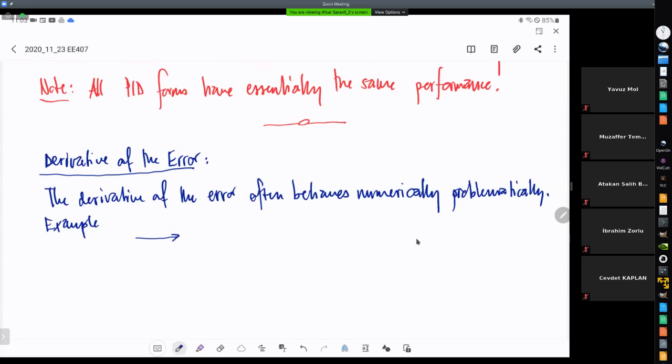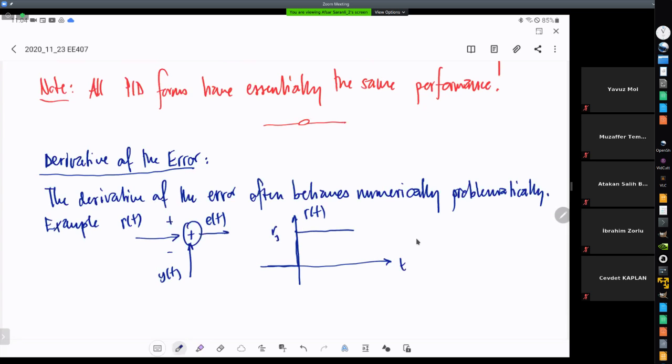Remember the structure here, right? We have a difference of y of t and the reference r of t, and this is our error. Now, what if the reference r of t is a piecewise constant signal? So you get to R1 and you get back to 0.